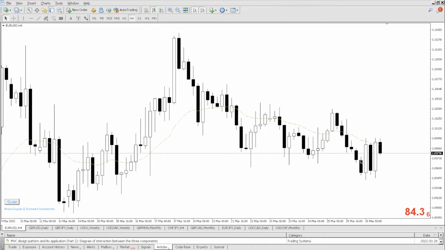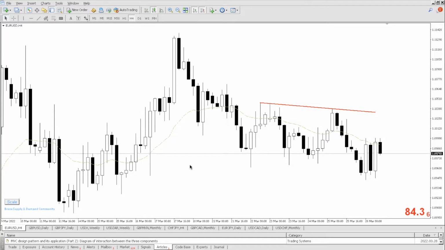We have number one here. And let me check this one. Okay, which means on the H4, this will be our latest trend line.